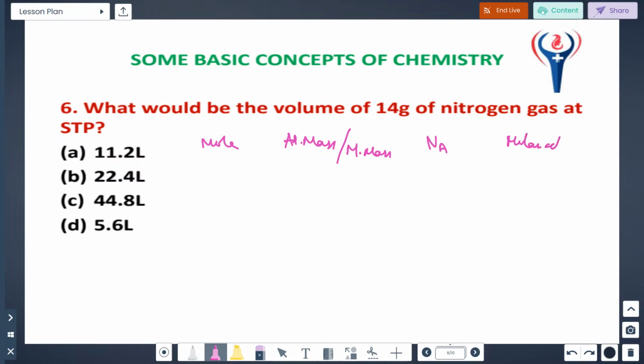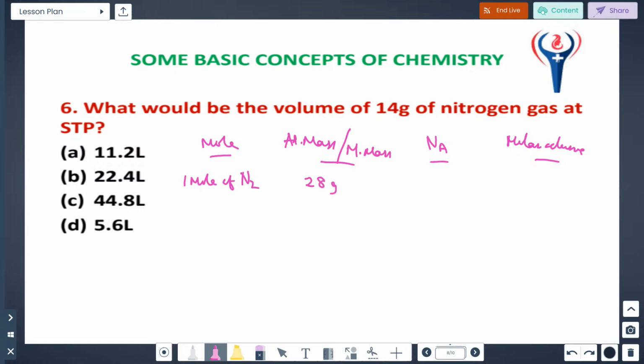If you frame like this, you can solve this kind of sum. See, nitrogen, 1 mole of nitrogen is how many gram? 28 gram. Correct or not? 1 mole nitrogen is 28 gram.